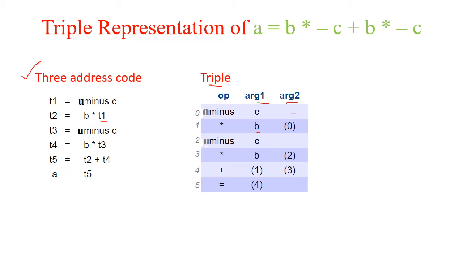From where do we get T1? T1 is equal to unary minus C. That is our statement at location 0. So to execute the second statement, we have to execute the 0th statement before it, which is included as 0. The second statement is unary minus C. Third statement is star B and T3. From where do we get the value of T3?